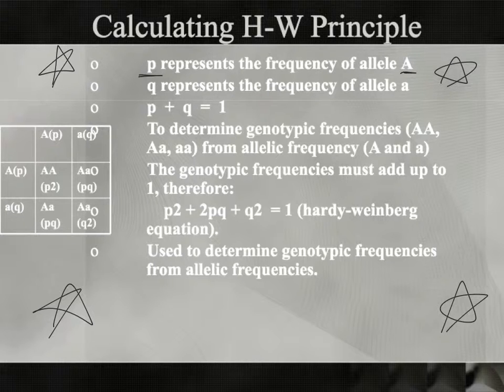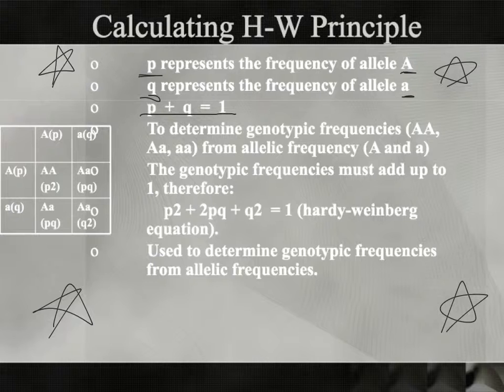We know that that is the dominant allele. So p represents the frequency of the dominant allele. q represents the frequency of little a, the recessive allele. And from that, we know that p plus q equals 1. So there's a small little formula, very easy to find. If you have p, you can easily find q.